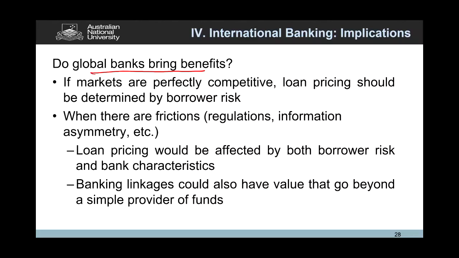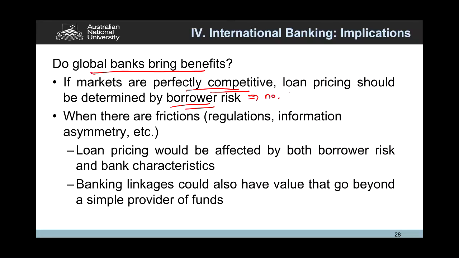If markets are perfectly competitive, loan pricing should be determined just by borrower risk, right? So in that case, this means that if markets are perfectly competitive, is there advantage to global banking? No, right? Because if we're talking about global banking, we're talking about something that goes beyond borrower risk.